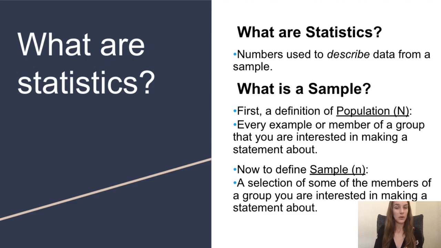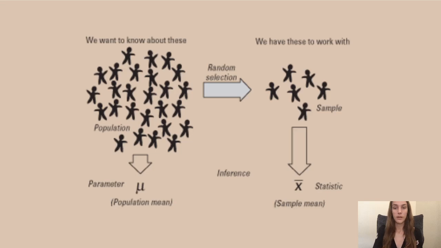We're going to break into two different branches of statistics, but let's take a look at a little bit of a visual of this. We have an entire group of individuals, or a population, that we're interested in making a statement about. And what we have to work with is a sample of those people.